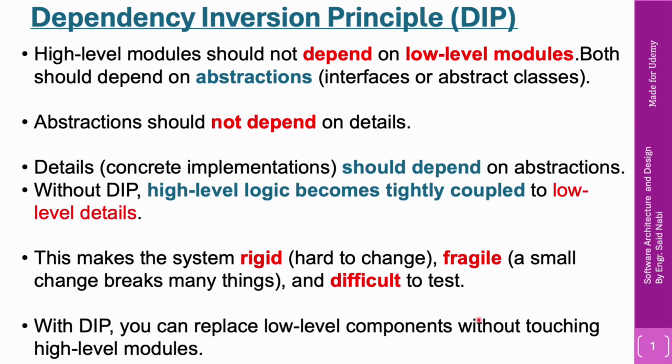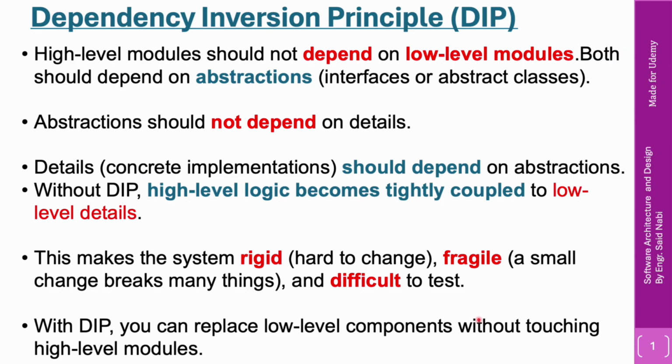So if you change the concrete implementation for that interface, you don't have to change the OrderProcessor class, because the OrderProcessor class is dependent on the abstraction, not the concrete implementation.